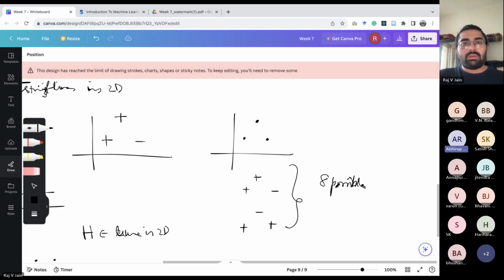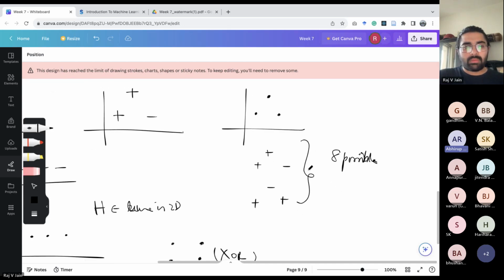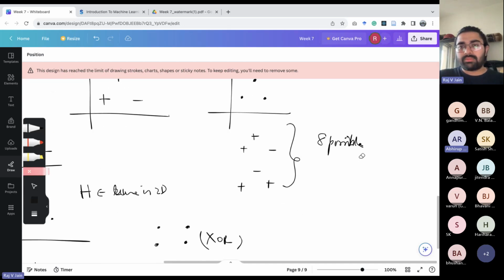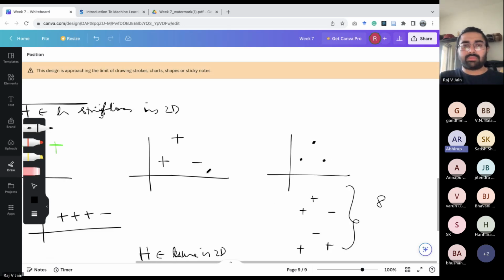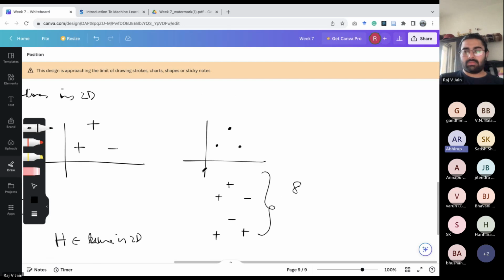So basically, let me tell you if this is correct or not. In a particular dimensional space, we keep increasing the number of points.